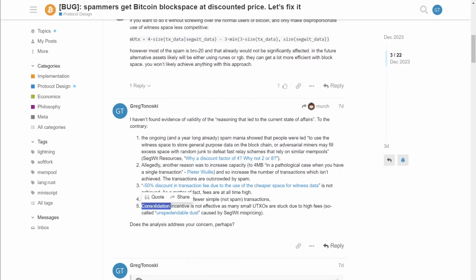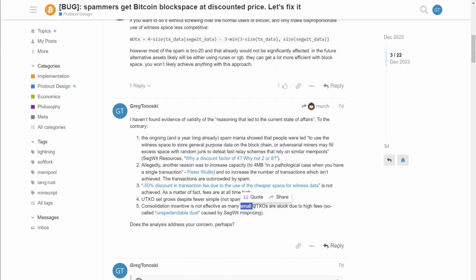And there were also some voices that the Segwit discount would incentivize consolidation of small UTXOs, leading to a smaller UTXO set, and so lower resource consumption by node operators, by the hardware.